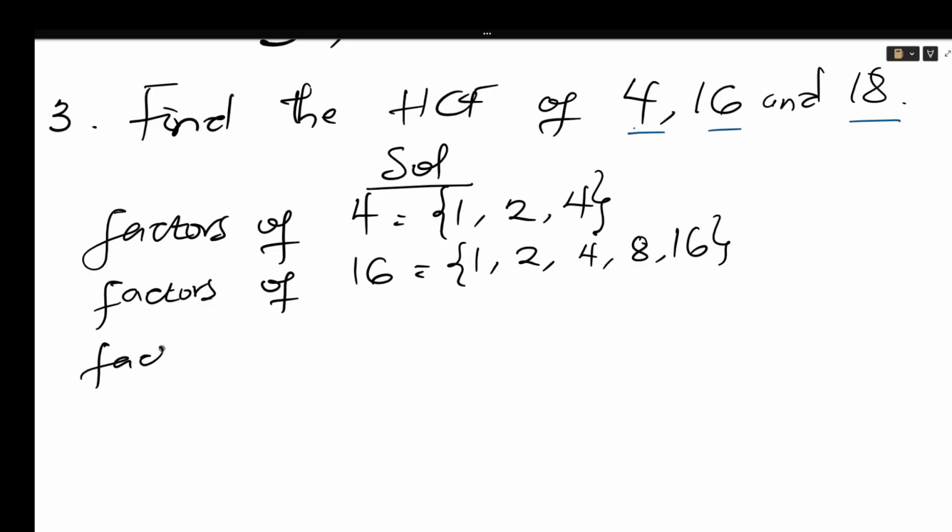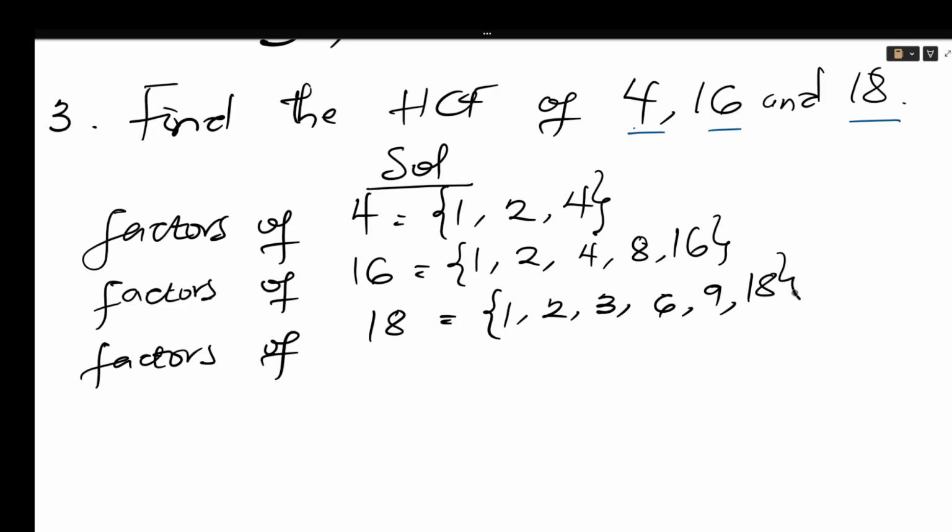And factors of the last number, which is 18, we have 1, 2, 3, 6, 9, and 18.